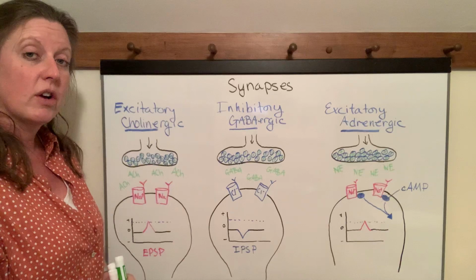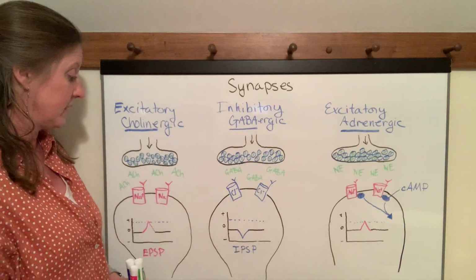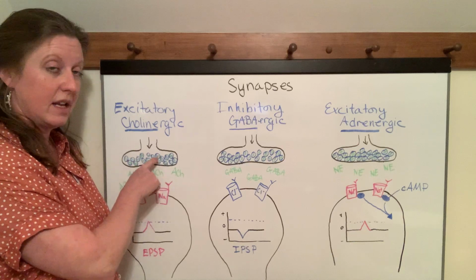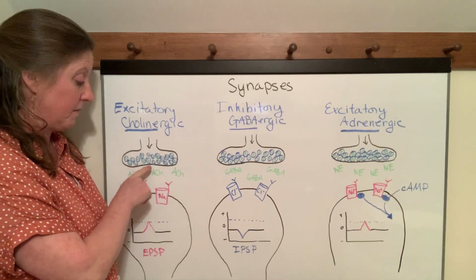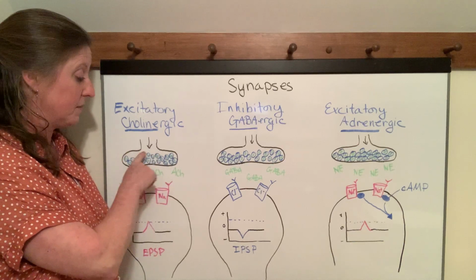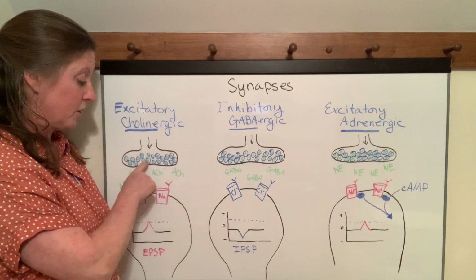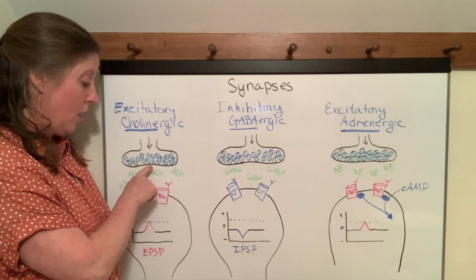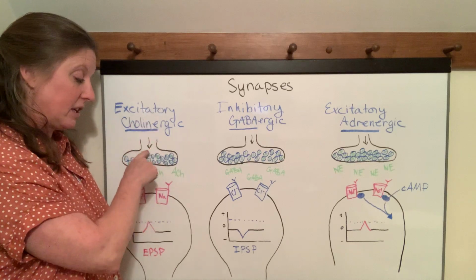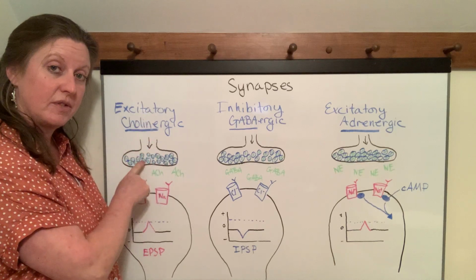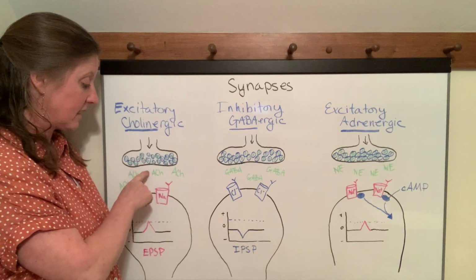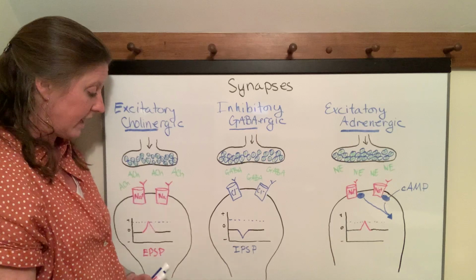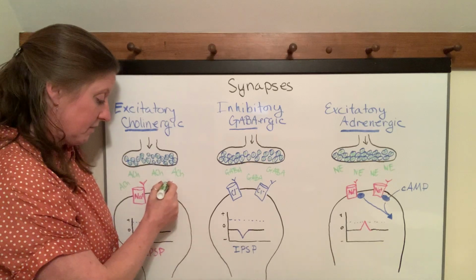Okay, so let's take a look at what happens in each of these different synapses. Here, the presynaptic neuron, or rather the axon terminus, is filled with acetylcholine-containing vesicles. When the action potential arrives at the end of the axon, these vesicles release acetylcholine. Acetylcholine binds to its receptor.